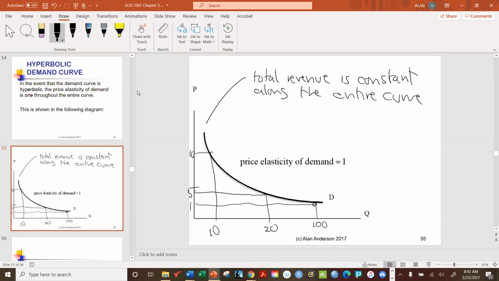Every combination of price and quantity gives me exactly $100 as my total revenue. And that's what this is all about. So this is called hyperbolic, because you might remember from pre-calculus, wherever the function is converging to the axes but never quite reaching them, we call this a hyperbola.